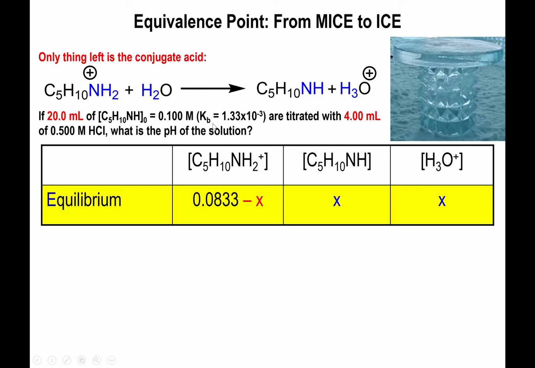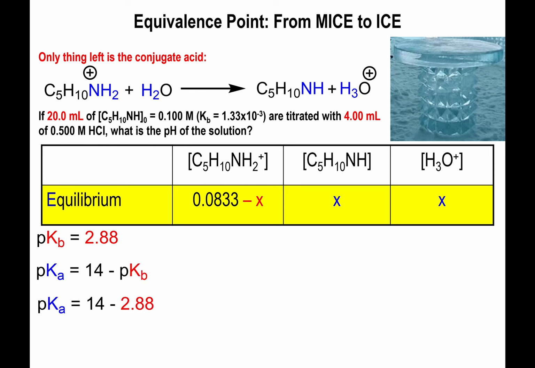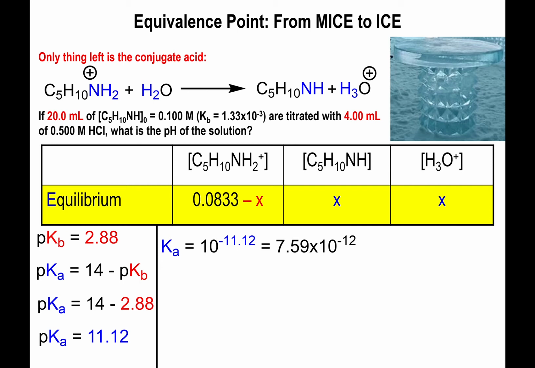What we are given is the Kb, which means we need to convert the pKb to pKa by subtracting it from 14. Then we take the antilog, 10 to the negative 11.12, to get the Ka. You need to have this value because without it, whatever calculation you make is going to be wrong. Just keep an eye out on what it is that you have left. This is the conjugate acid, so you better have the Ka for the equation.